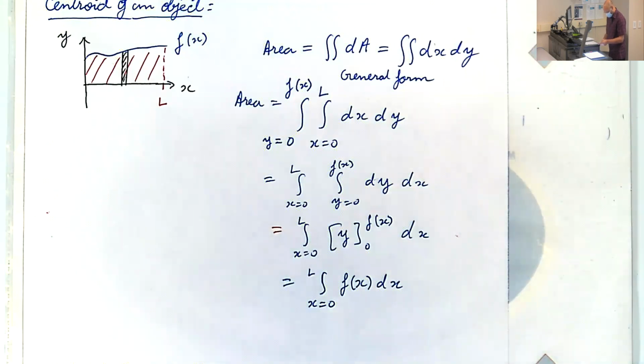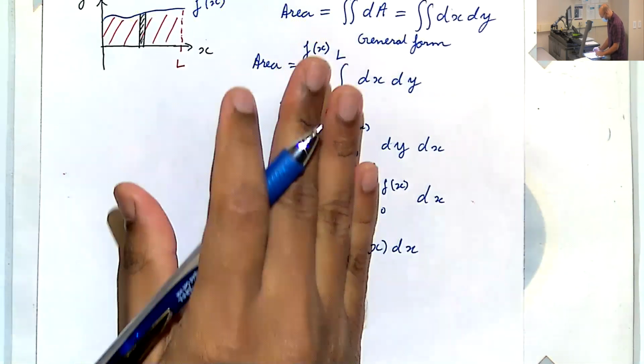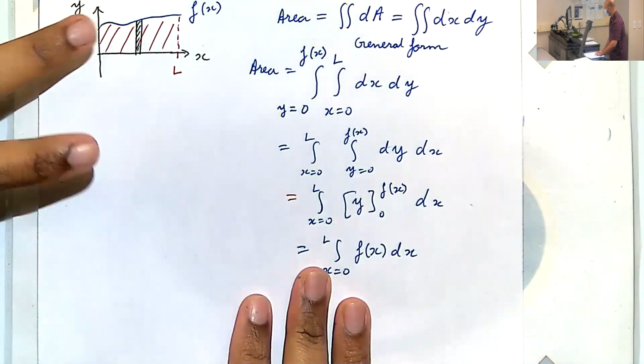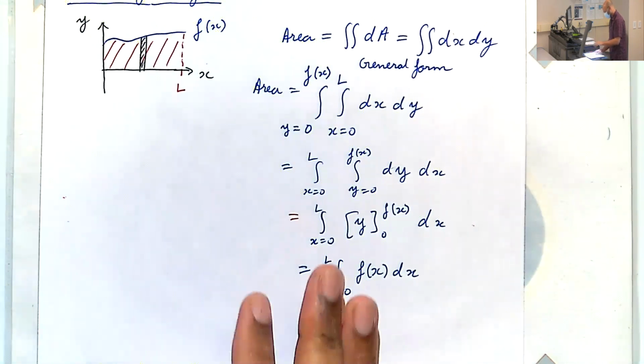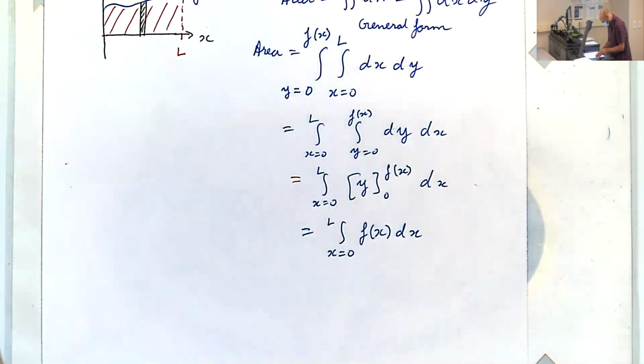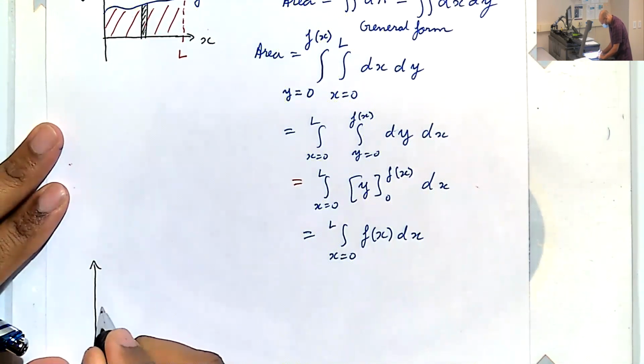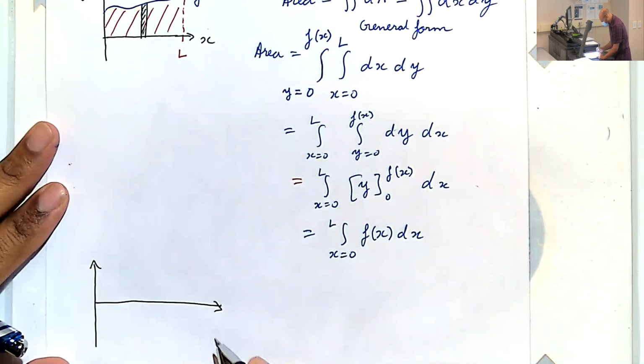If you have, let's say, a symmetric object like a hull, I think we did this, but it's good to just recap quickly. If you have a symmetric object, because we will deal with symmetric objects a lot.